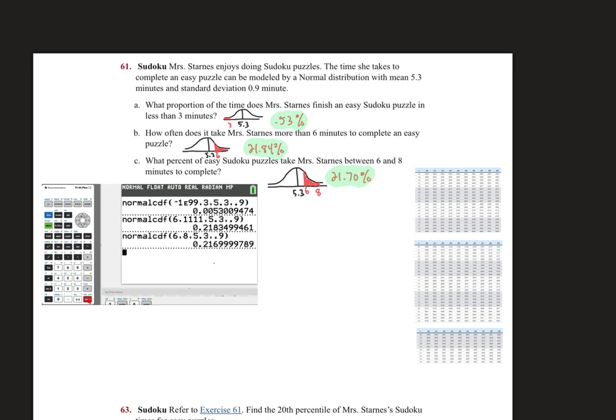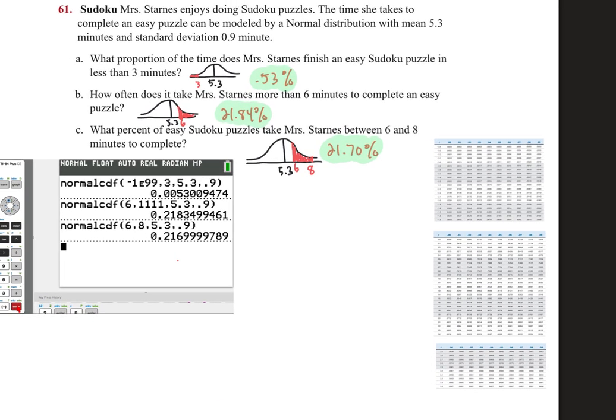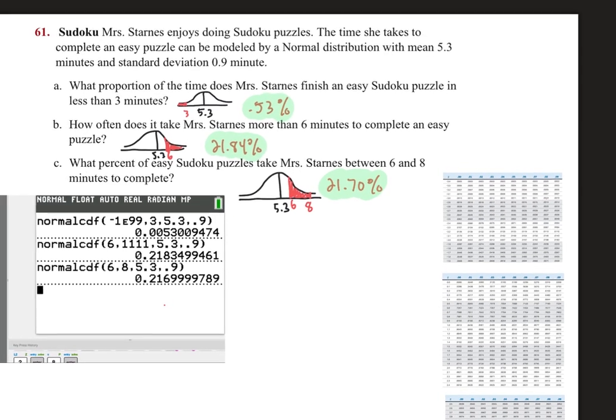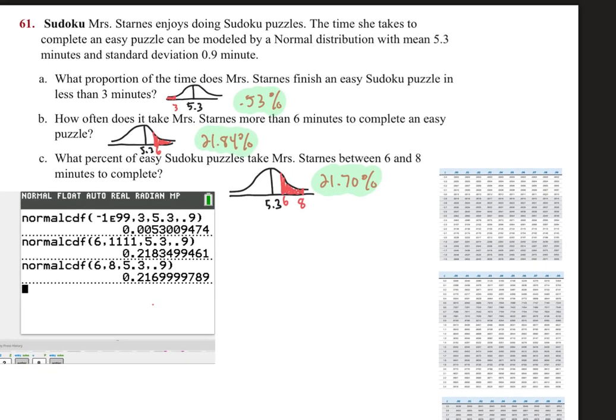Okay, so let's do the same things with Table A. So we'll just have to find z-scores for all these first. Okay, so here for part A, the proportion less than 3 minutes, we'll first find the z-score associated with 3.